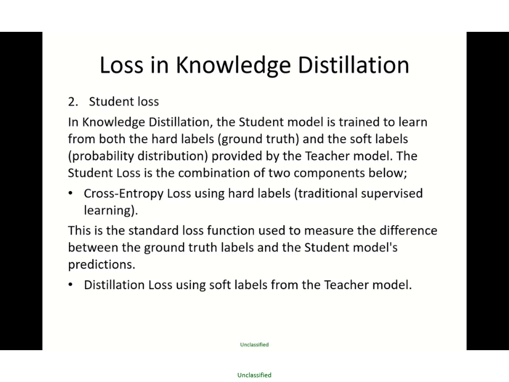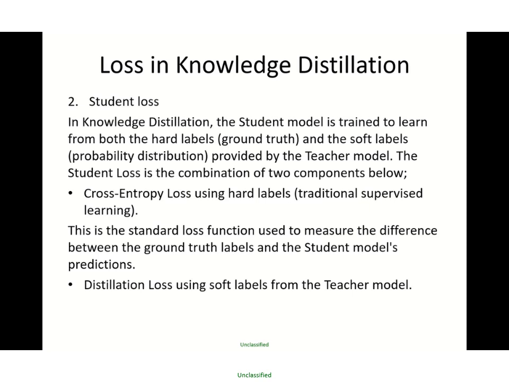The student loss is a combination of two components. The cross entropy loss using hard labels, which is traditional supervised learning. This is the standard loss function used to measure the difference between ground truth labels and student model predictions.